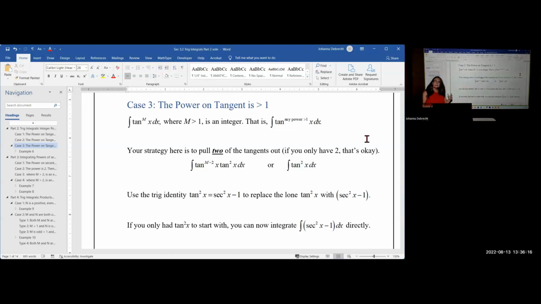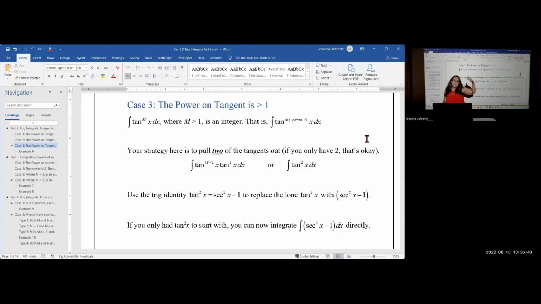This strategy is very similar to what we've done before, except this time, instead of just pulling 1 off, as we did in the sine and cosine, we're actually going to pull 2 of the tangents off. Now, your options are that you have 2, 3, 4, 5, something like that as the power on tangent. If you only have 2, that's okay. You're just starting with the integral of tangent squared of x dx.